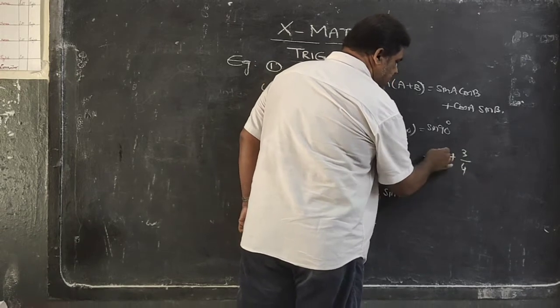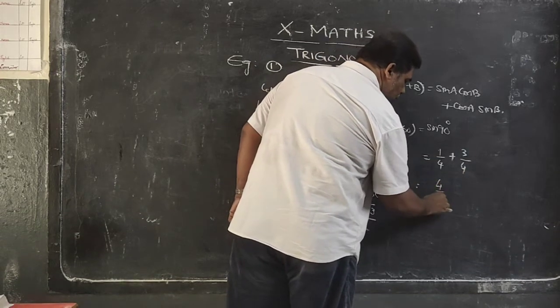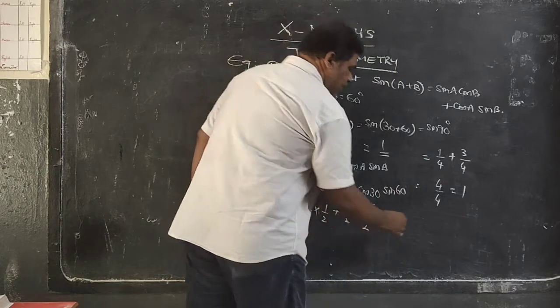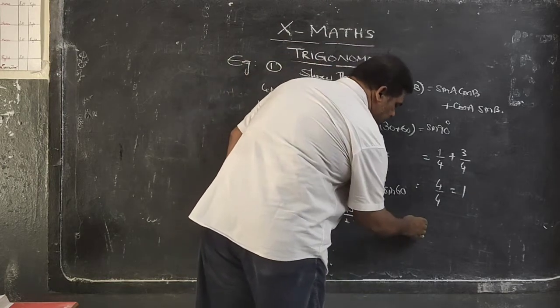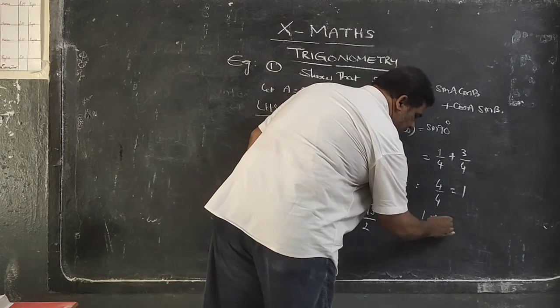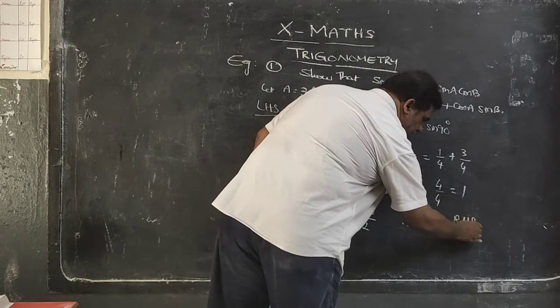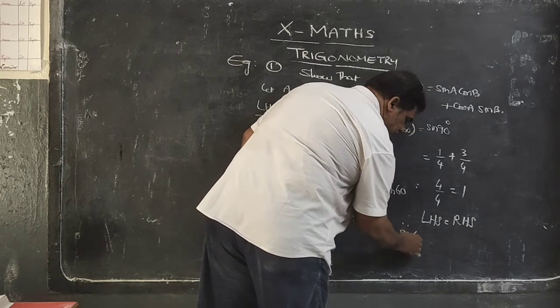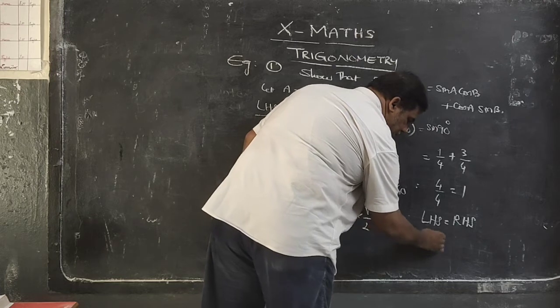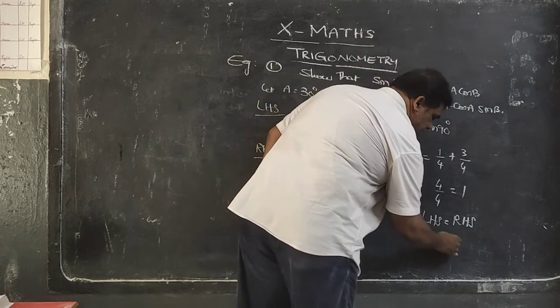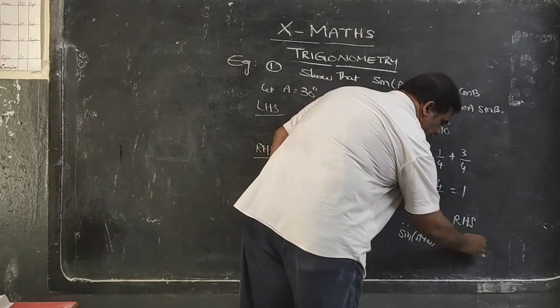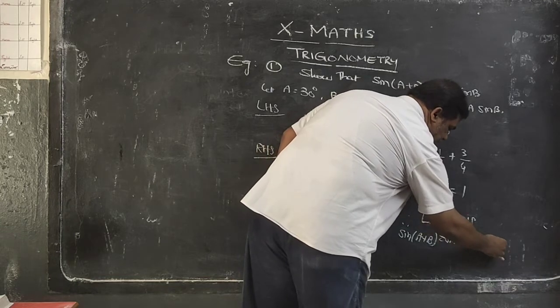Now the denominator is the same. So 1 plus 3 is 4 by 4, which is 1. Therefore LHS and RHS we got the same. So LHS is equal to RHS: sin(A plus B) is equal to sin A cos B plus cos A sin B.